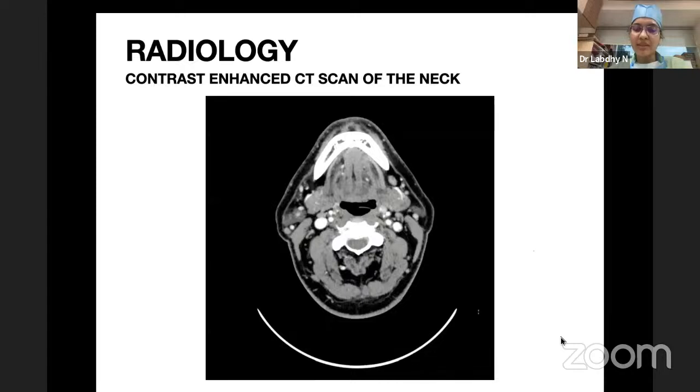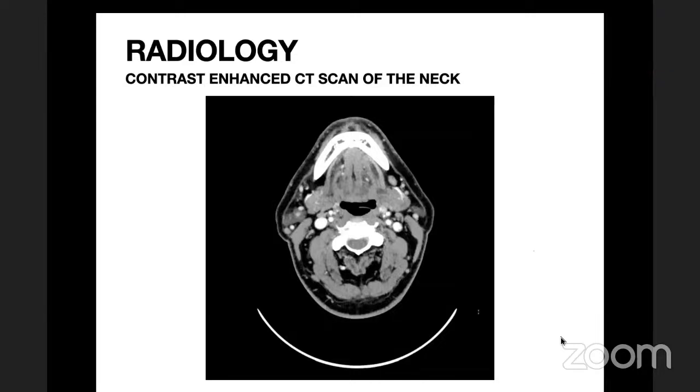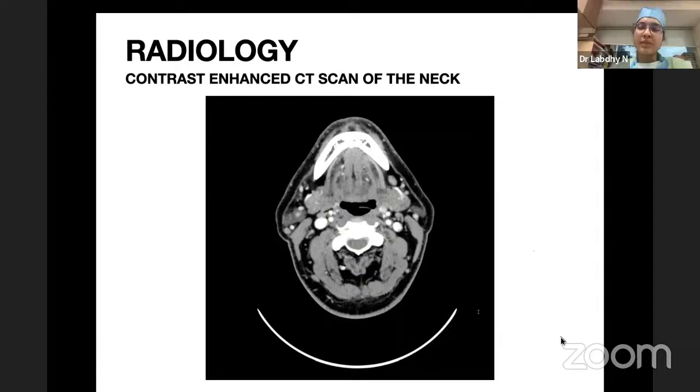So I will not consider this patient for any organ preservation procedure. Okay, so what can you tell me the principles of organ preservation surgery? The principles of organ preservation surgery is that it should not affect the survival and at the same time preserve the function.